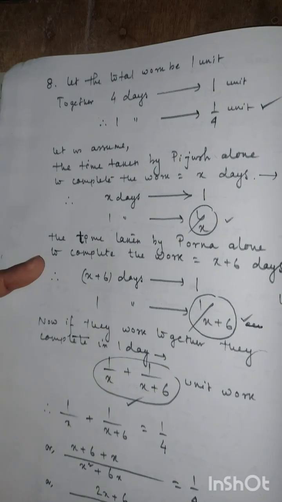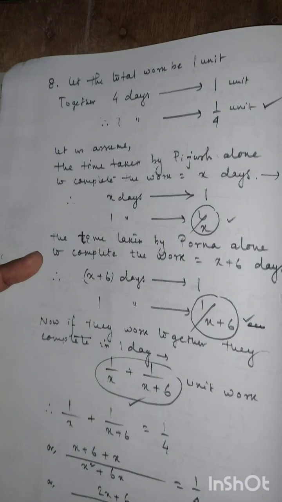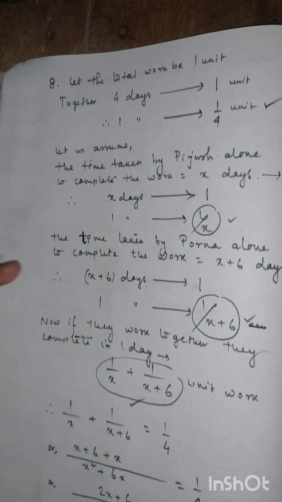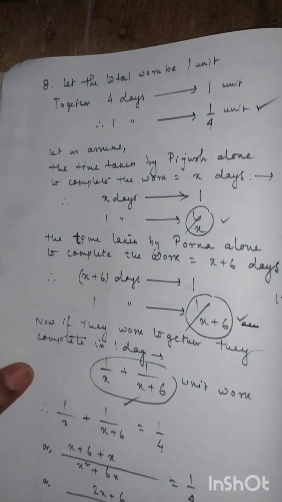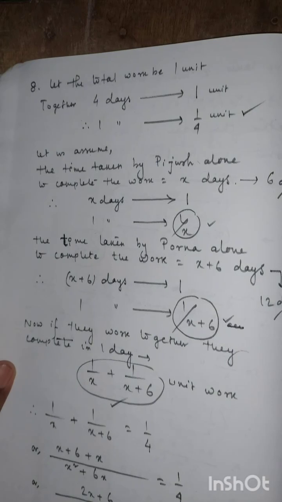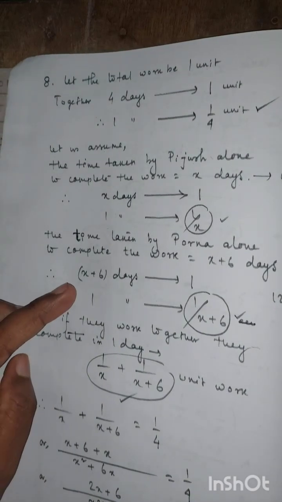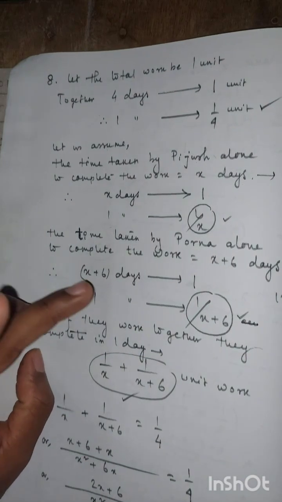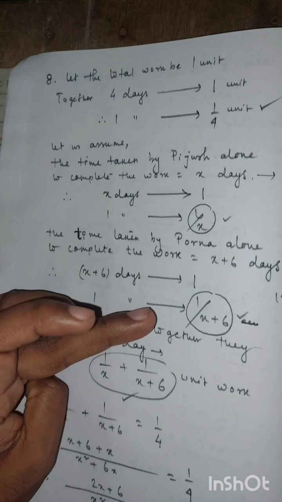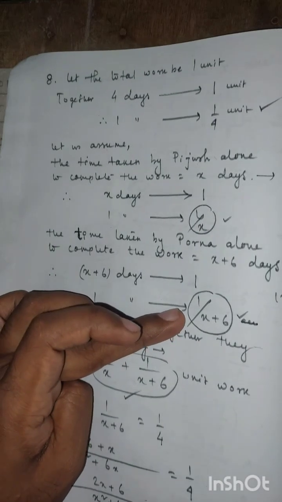Similarly, we assume the time taken by Porna alone to complete the whole work be x plus 6 days. So in x plus 6 days she completes 1 unit of work. So in 1 day she completes 1 by x plus 6 unit of work. This is the efficiency of Porna.